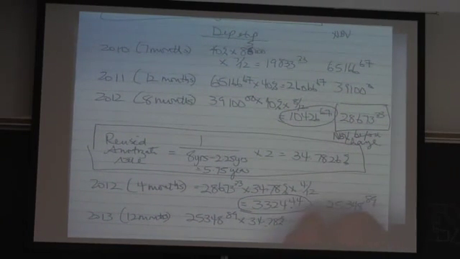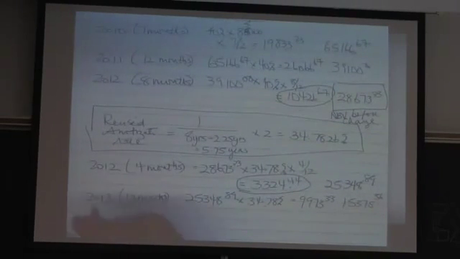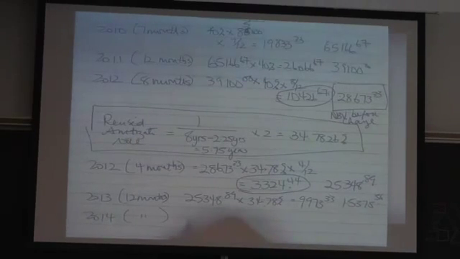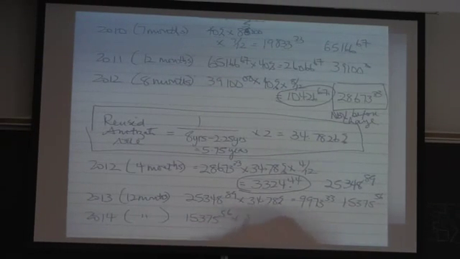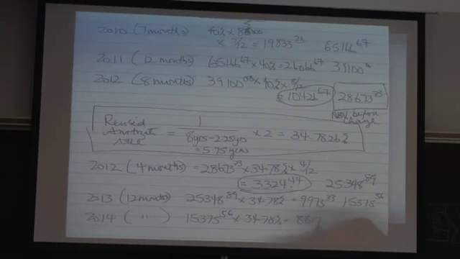That gives us 9,973.33, and net book value is going to be 15,375.56. 2014, another 12 months, 15,375.56 times 34.78 gives us 8,817.